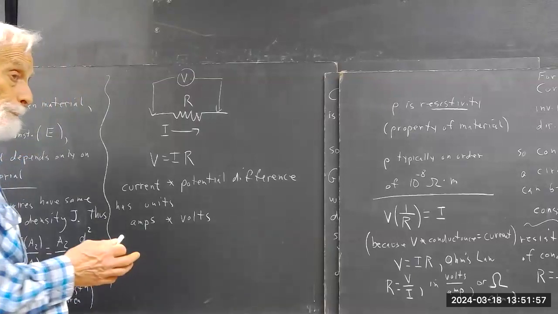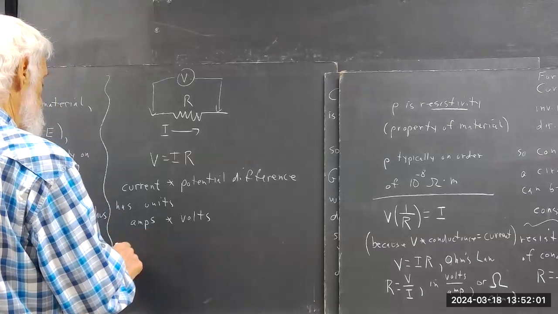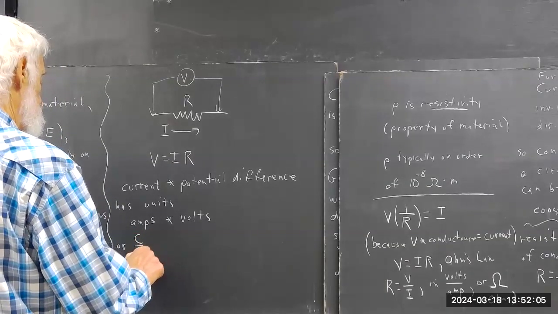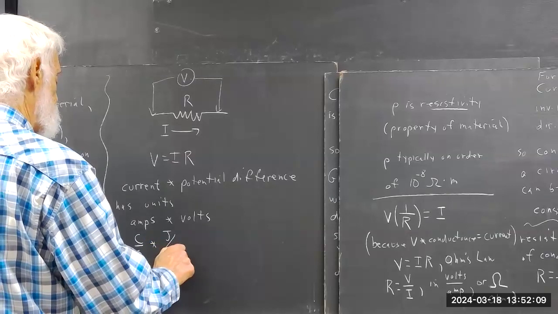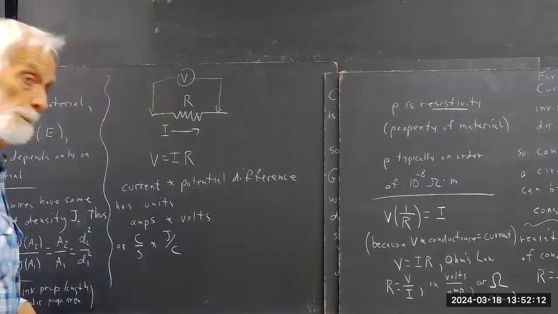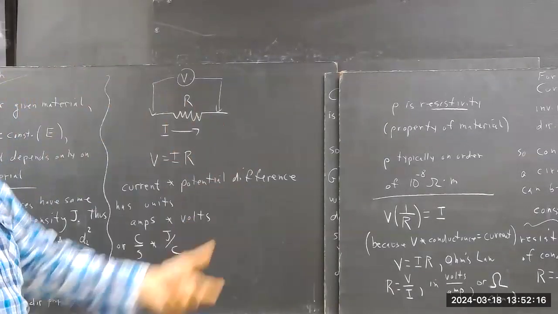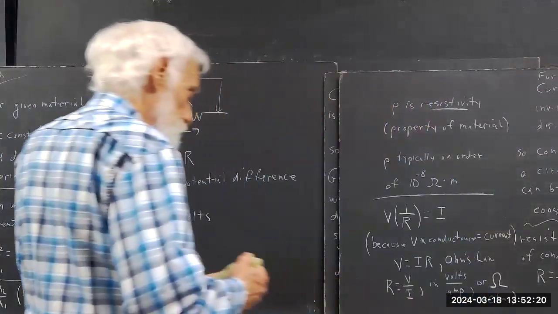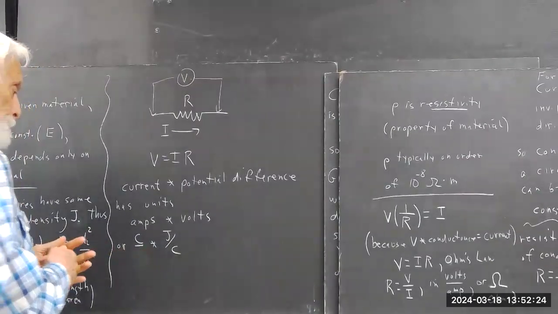What's an amp? It's a coulomb per second times a joule per coulomb. Now, coulombs are no longer fundamental units, but we still can understand what an amp is as a coulomb of charge per second.